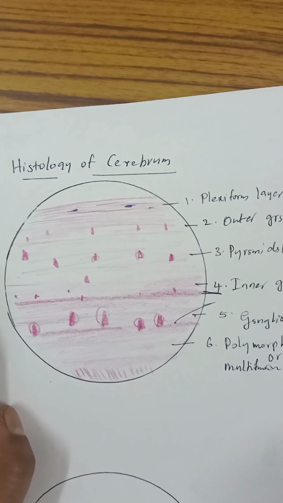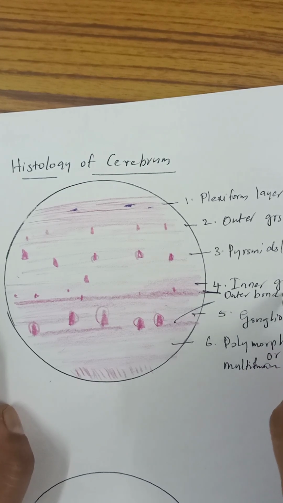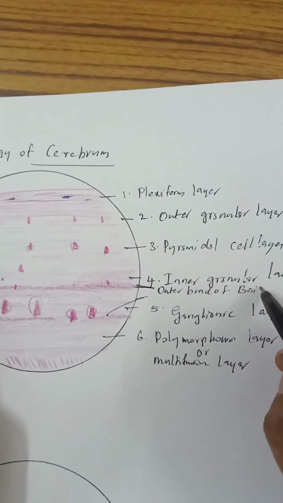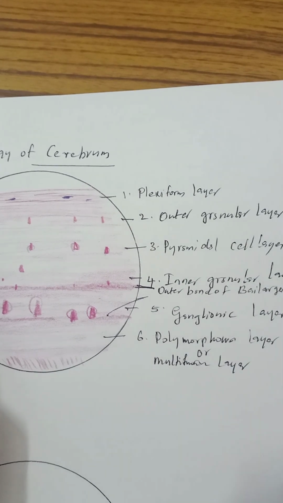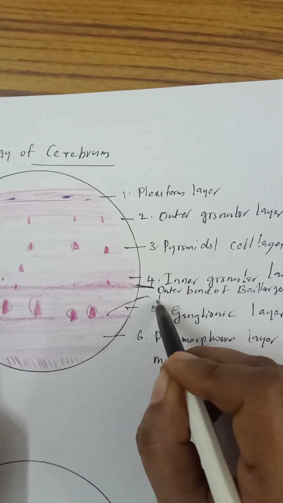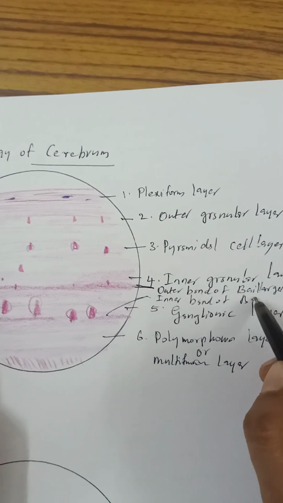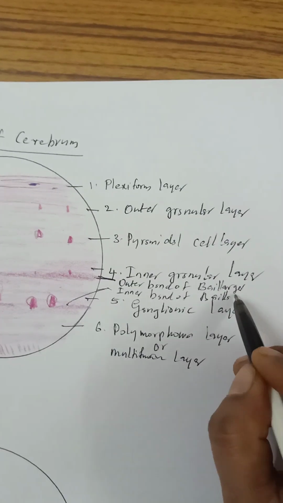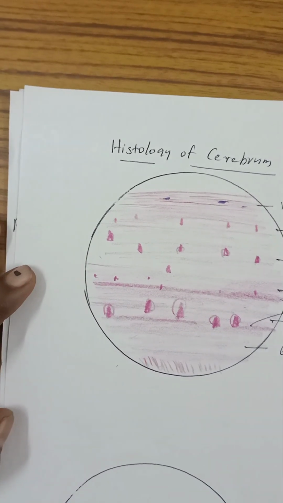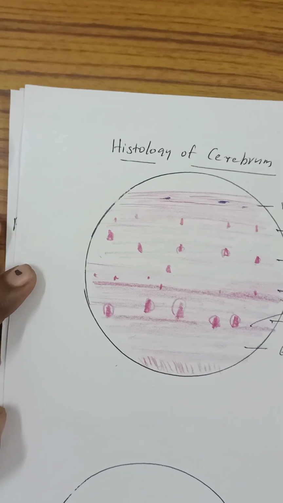That is known as the outer band of Baillarger in the fourth layer, and another one is the inner band of Baillarger. Both lie in the fourth and fifth layer. That is the horizontal processes, all the processes arising from different neurons and forming a transversely arranged fiber.